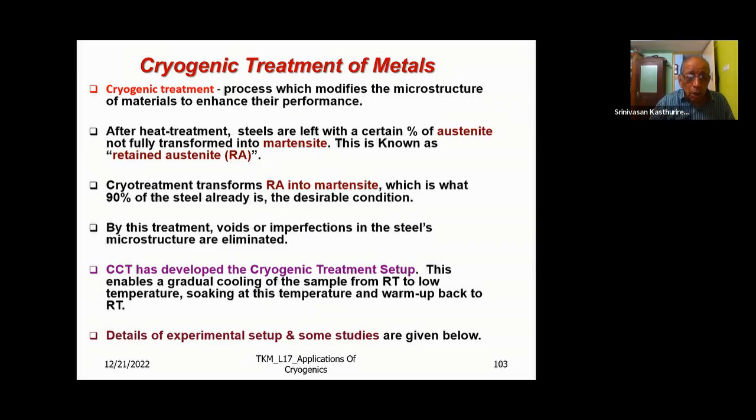This austenite is called retained austenite, RA. Now, when you do a cryogenic treatment, that retained austenite turns into martensite, which is approximately 9% of the steel already.